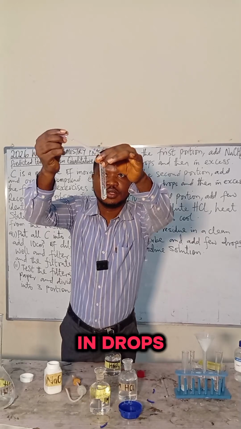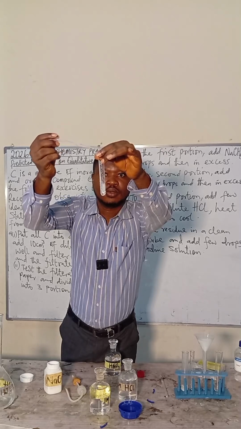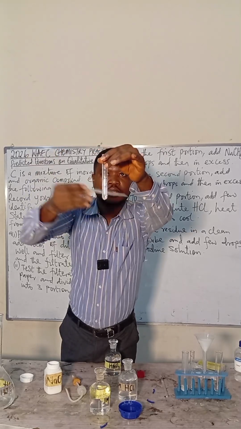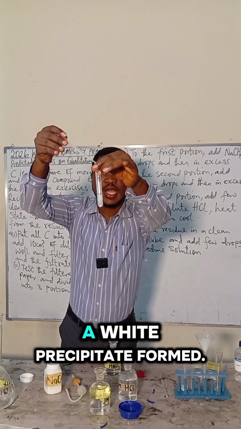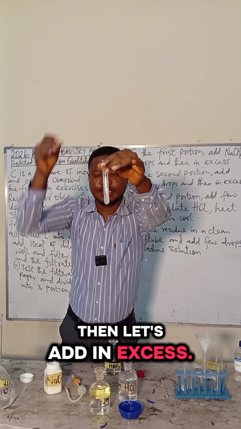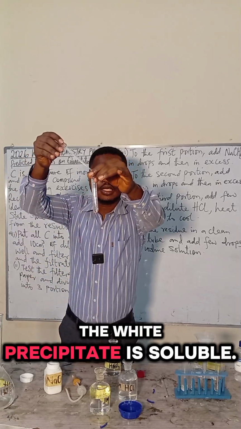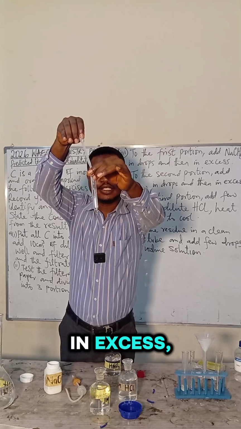In drops, there is a white precipitate formed. Then let's add in excess. The white precipitate is soluble in excess.